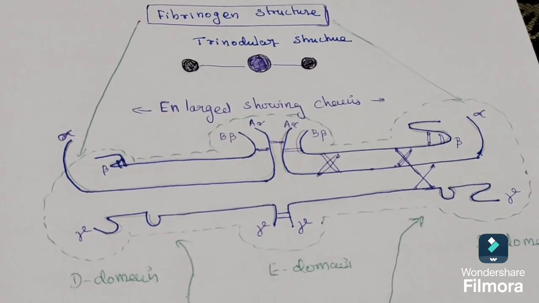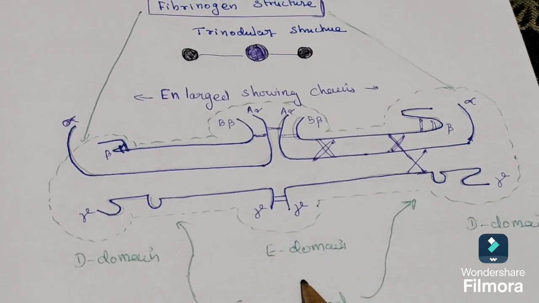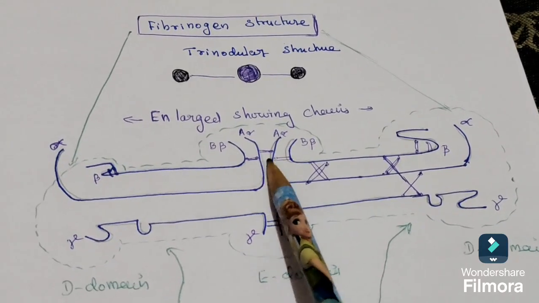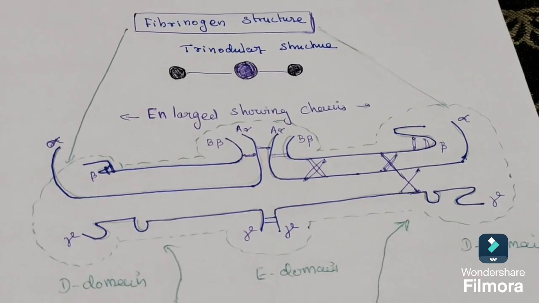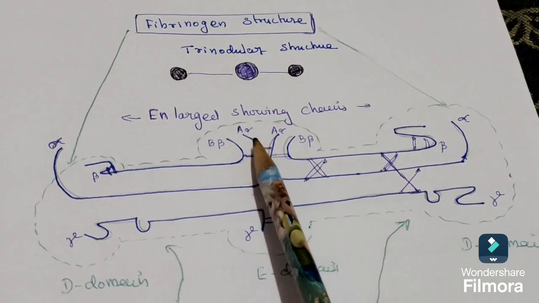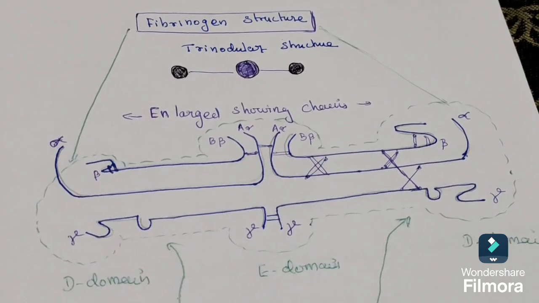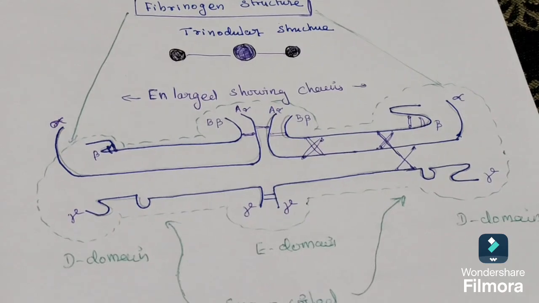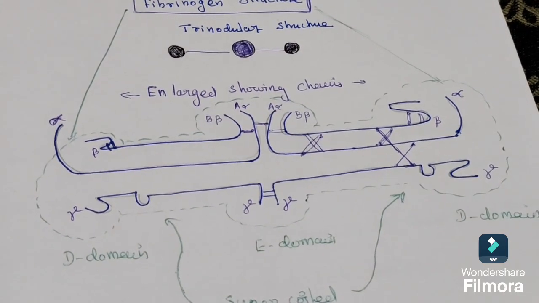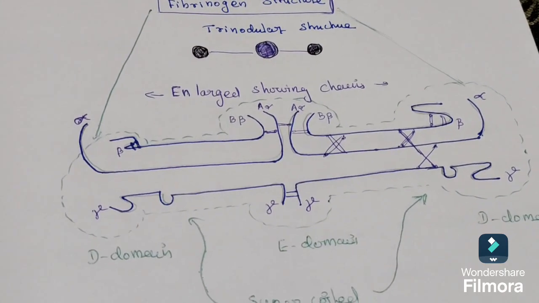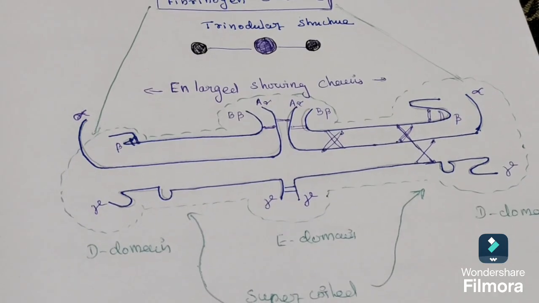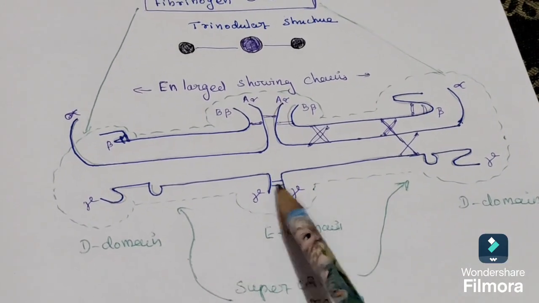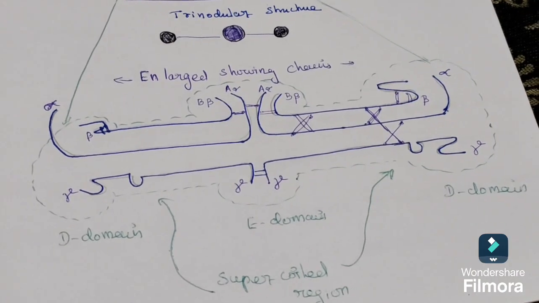The central nodule is known as the E domain. Thrombin cleaves a small peptide, the A alpha and B beta chain, in this region, forming fibrin. The central nodule is joined by supercoiled alpha helices to the terminal nodules, the D domains. So, E domain, D domain.